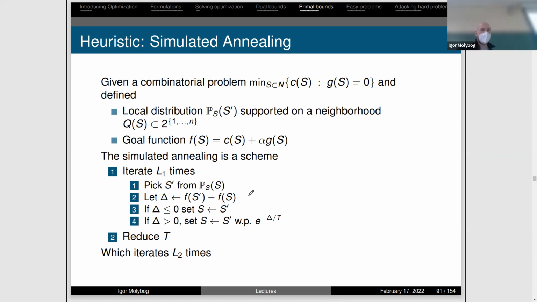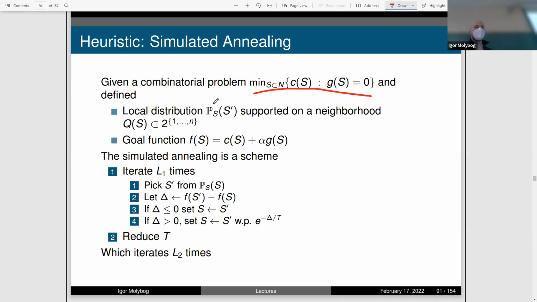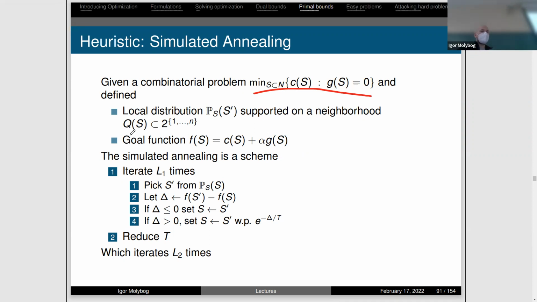An idea from physics, actually, where we are still talking about the same combinatorial optimization problem, but instead of defining just the local neighborhood, we define a probability distribution over this local neighborhood. So for each set S, we define a local neighborhood and a probability distribution over this neighborhood, for a reason that we will discuss further.